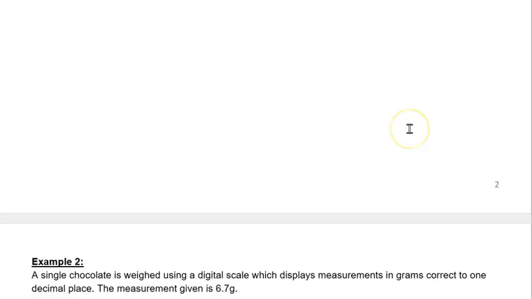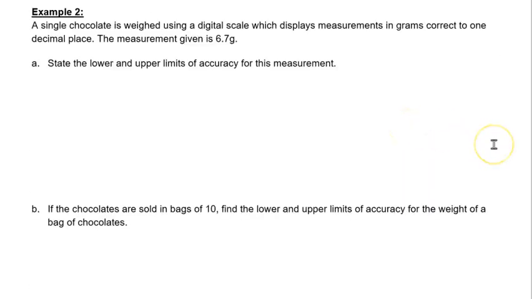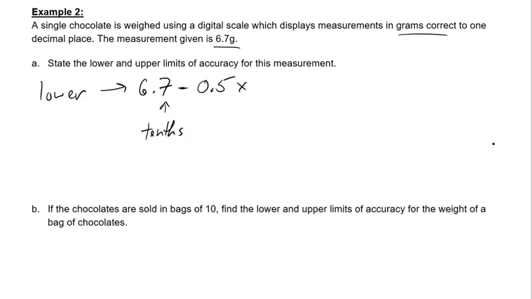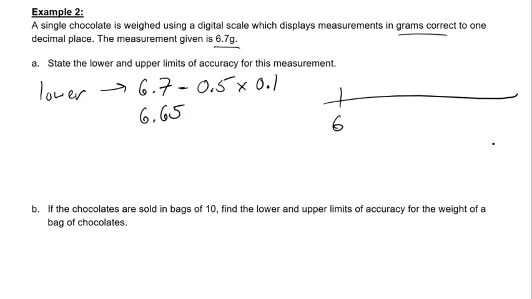A single chocolate is weighed, and we get grams correct to 1 decimal place, so we've got 6.7 grams. For the lower limit, we're looking at the measurement, 6.7 minus half of, what is that place? That is the tenths place, so 0.1. If we look at a number line, if this is 6 and this is 7, and this is a very rough guide, 6.1, 2, 3, 4, 5, 6.